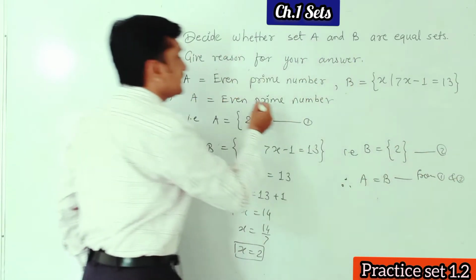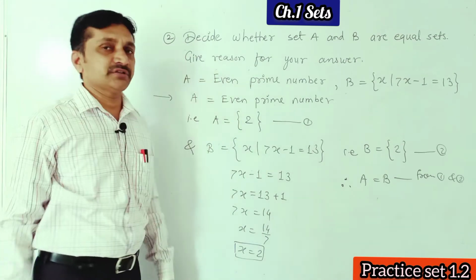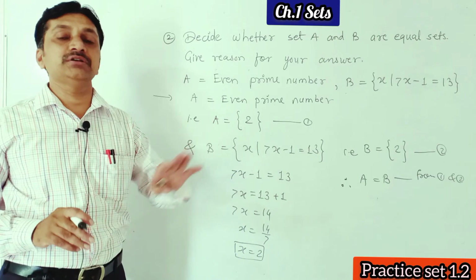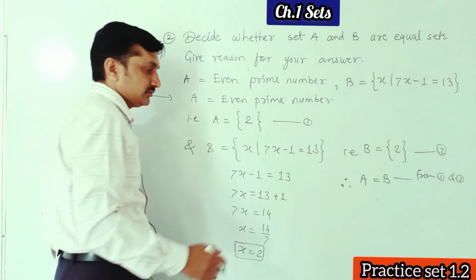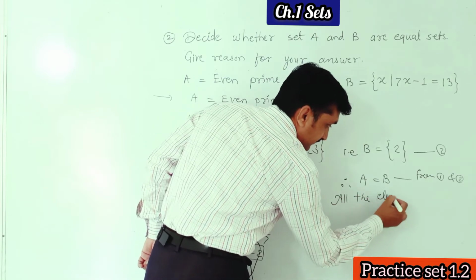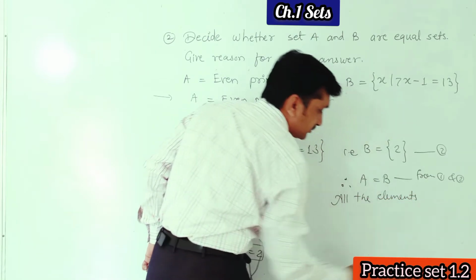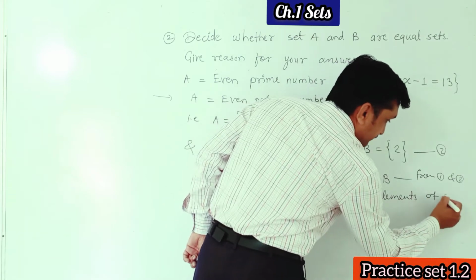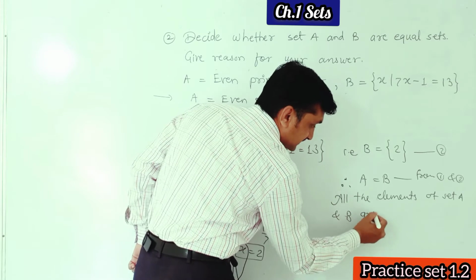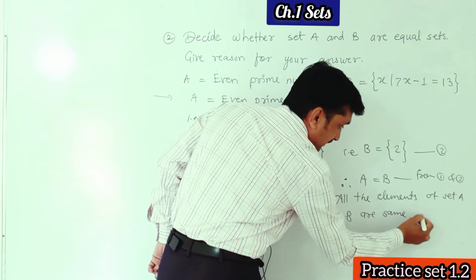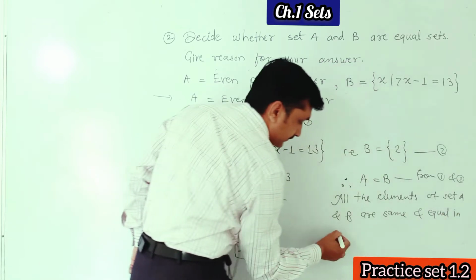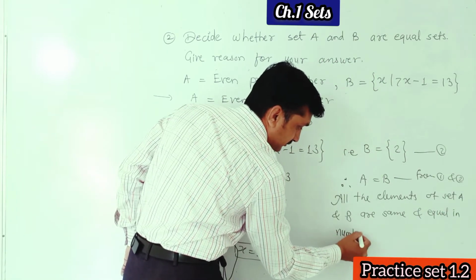And it is said, give reason for your answer. Then what is the reason? All the elements of set A and set B are the same. That we have shown. There is only one element, but we write the definition here. All the elements of set A and B are the same and equal in number.